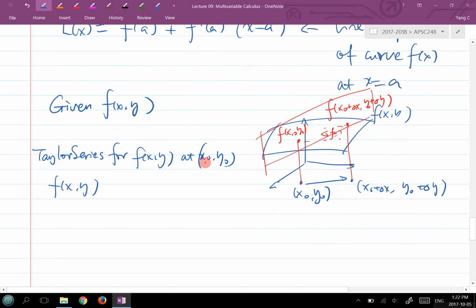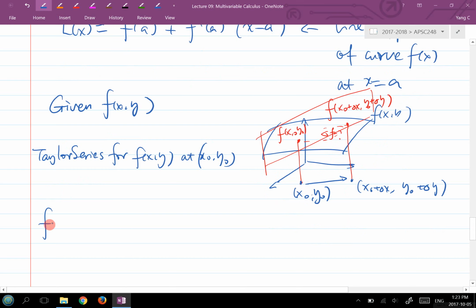When you have a function of a single variable, you can expand it using Taylor series expansion. When you have a function of two variables, you can do the same thing. You can also expand the function of two variables using Taylor series expansion.